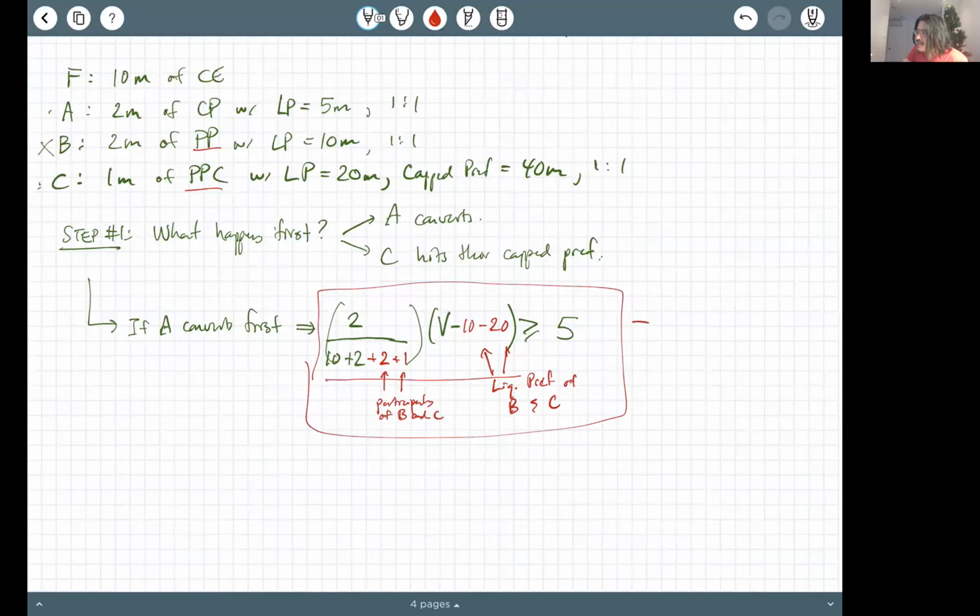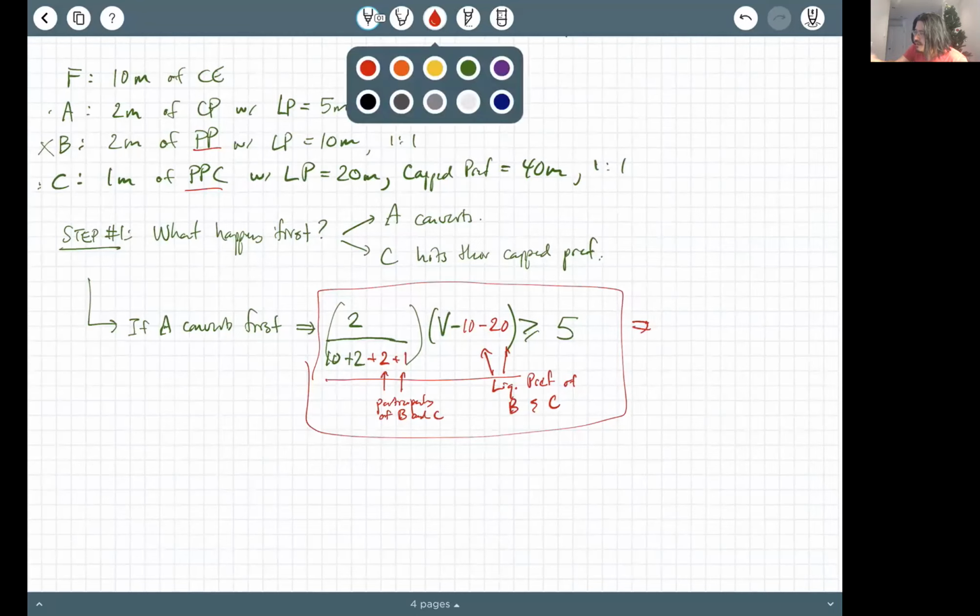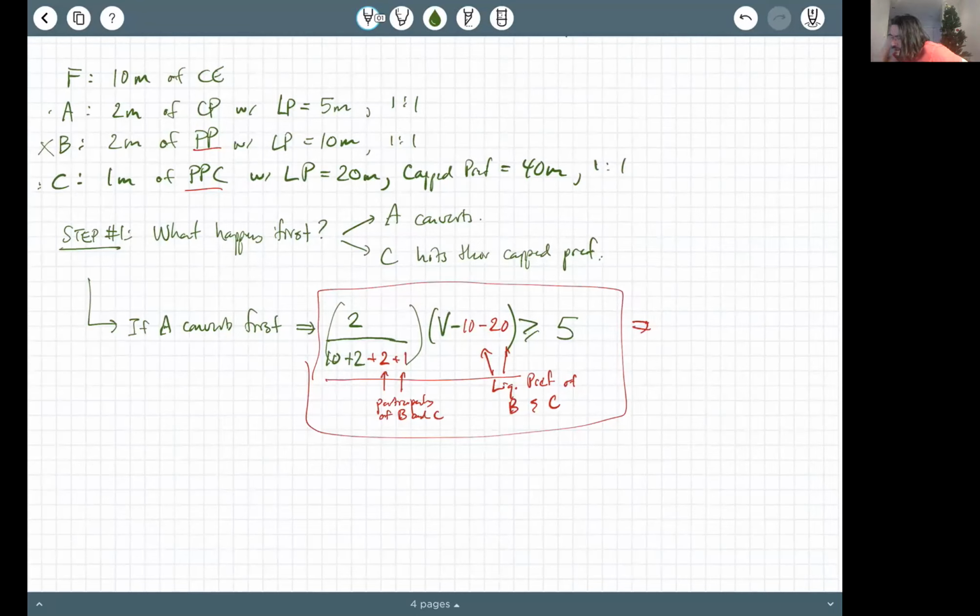Now, once we've set up the equation, solving it is relatively straightforward. This gives us V greater or equal to 30 plus 5 times 15 divided by 2.